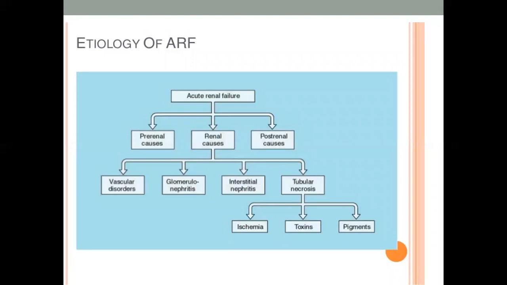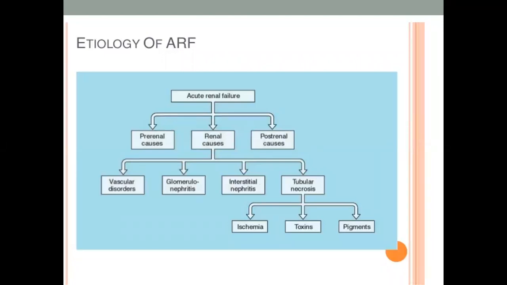All right, when we come to the etiology of acute kidney injury, I just took this diagram to give us an example, a picture of what we're talking about. So causes: we can have pre-renal, renal, and post-renal causes.